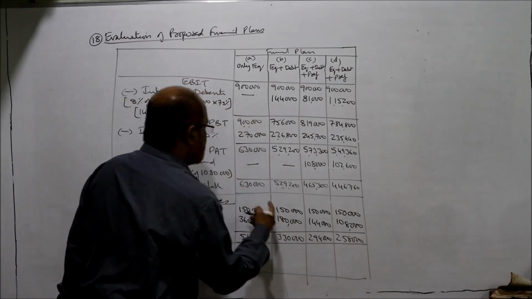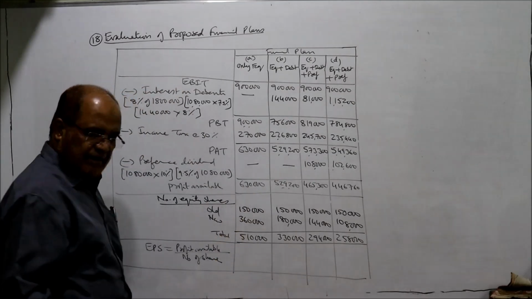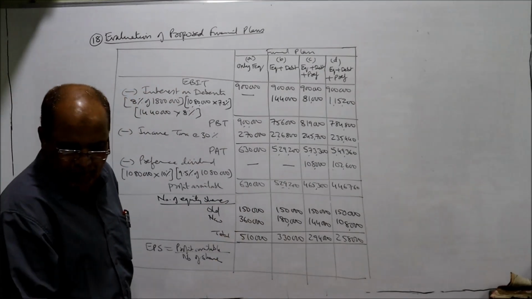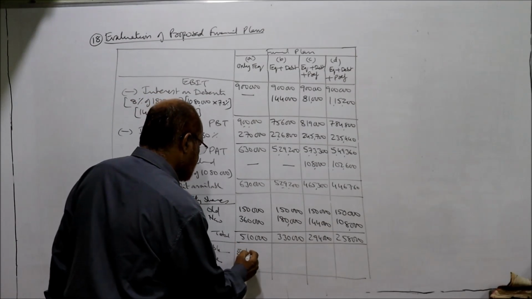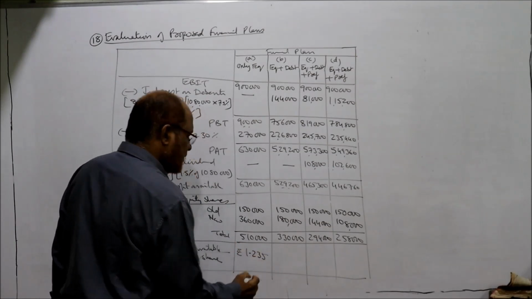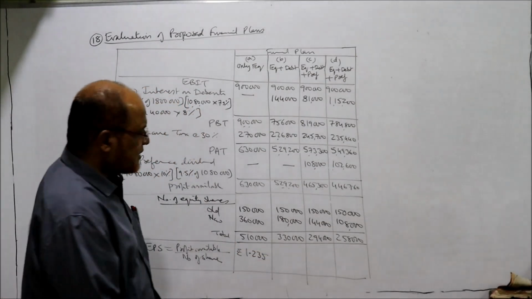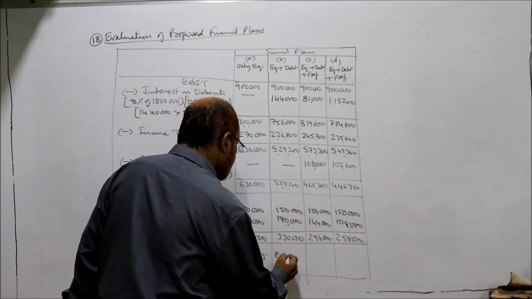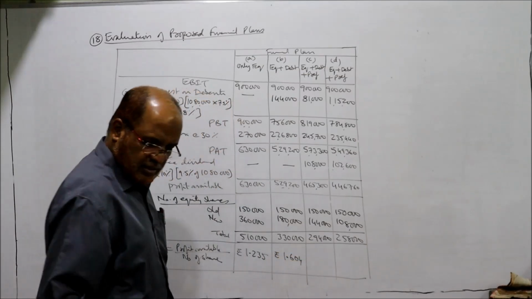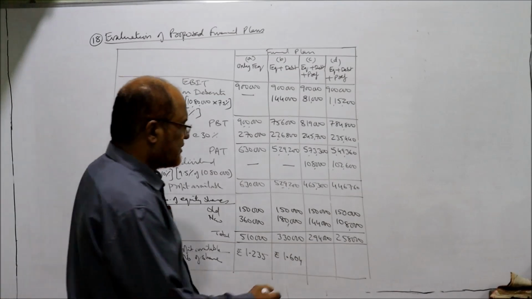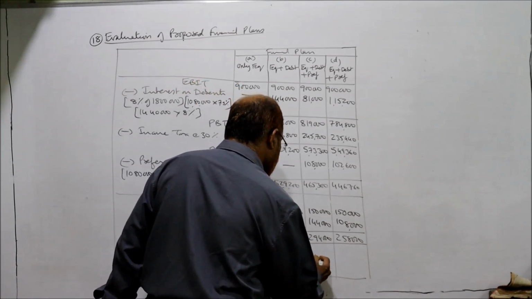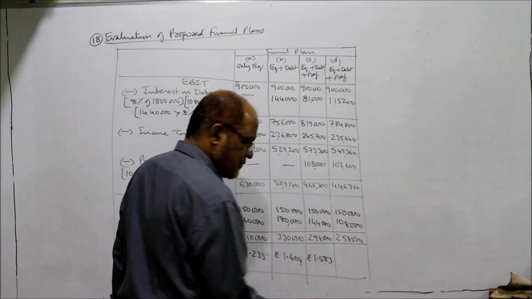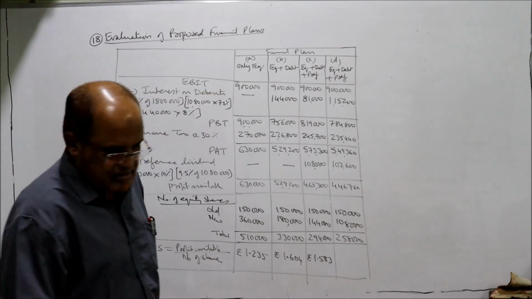Now if we divide 6 lakh 30,000 by 5 lakh 10,000, you are getting 1.235. Second one is 1.604. Third one is 1.583. And the last one is 1.732.